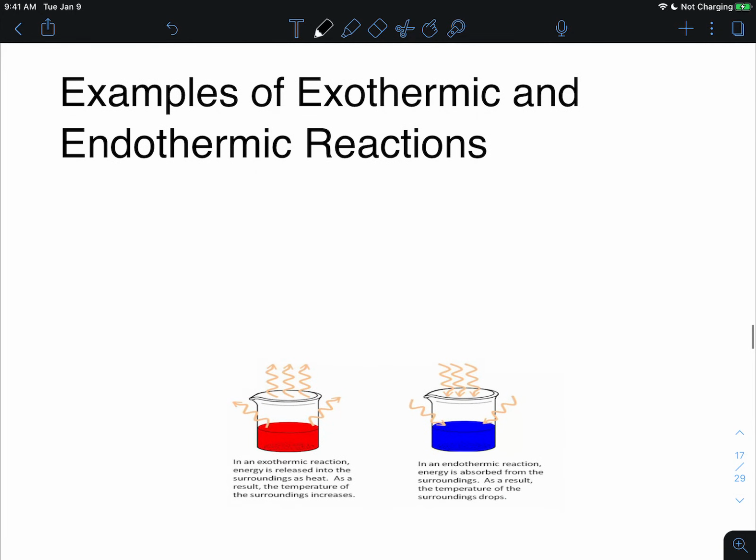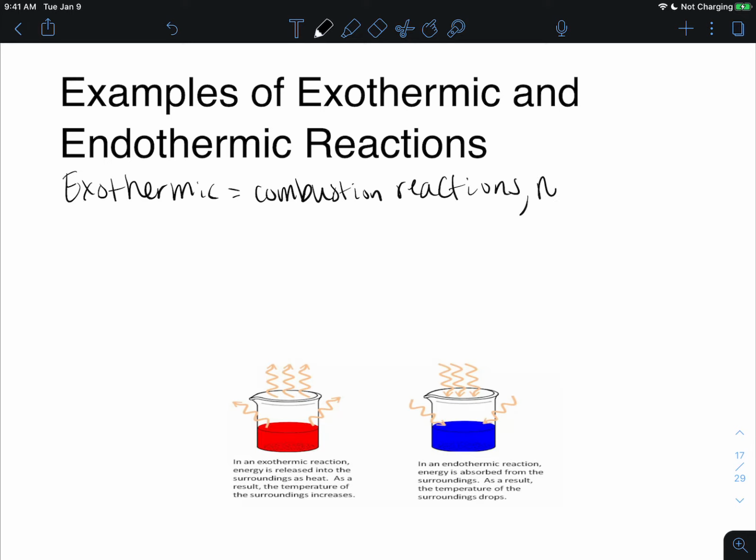So some examples of some exothermic and endothermic reactions. Exothermic examples are going to include stuff like combustion reactions, neutralization reactions, and hand warmers.